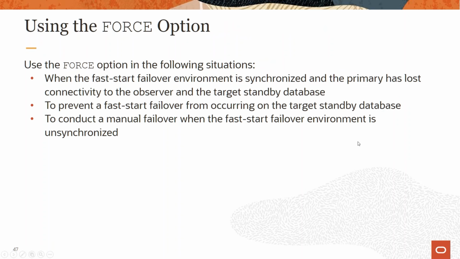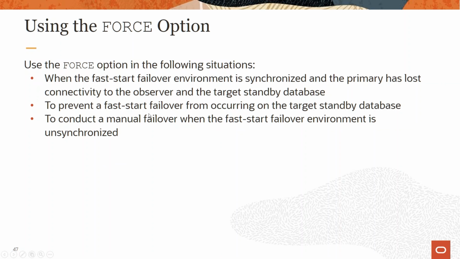When you're disabling fast start failover, you can add a force option in 3 scenarios. When the fast start failover environment is synchronized, and the primary has lost the connectivity to the observer and the target database.